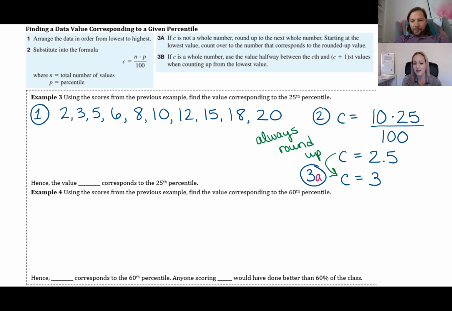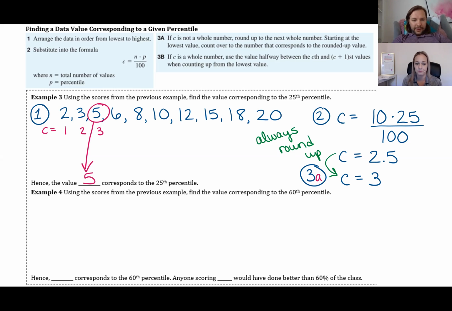Now, that C value is just telling you what position data value you want to look for in your set. So you just go back to step 1 and count over 3 places. We just want to find what value is in the 3rd position. You can see that corresponds to the data value 5. So that means that the value 5 corresponds to the 25th percentile.